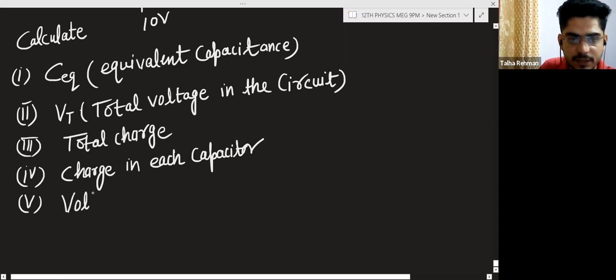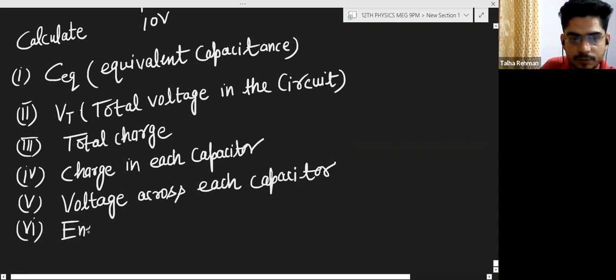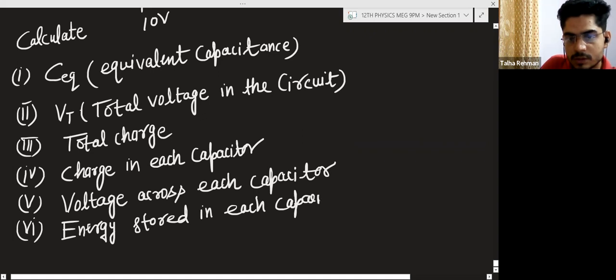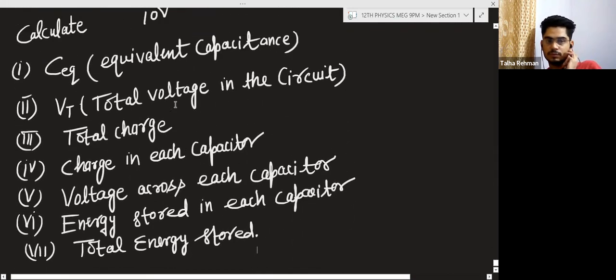Fifth, voltage across each capacitor. Sixth, energy stored in each capacitor, and seventh is total energy stored in the circuit. We have to find this.